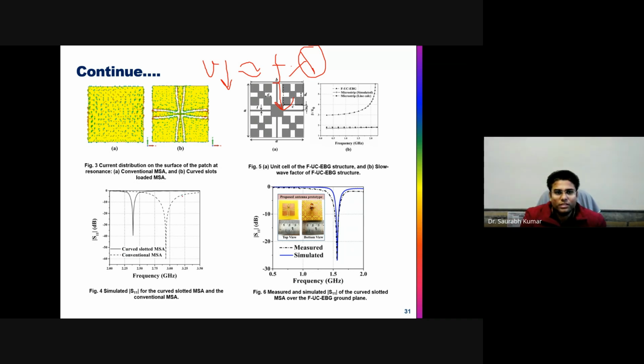You can see here, this is the initial resonance, this is the second resonance. From 3 it is coming to around 2.3. Now again, after using the EBG, the resonance is at 1.5 something. Around 1.5 gigahertz of shift is achieved from the conventional antenna.